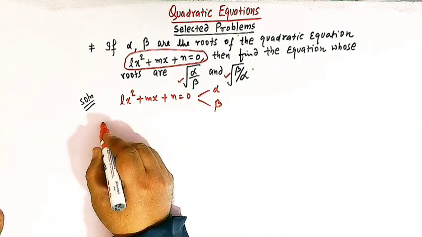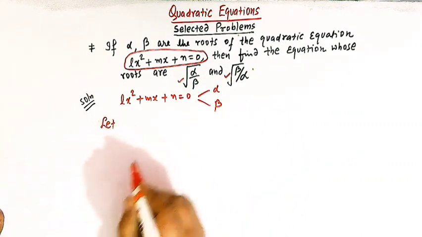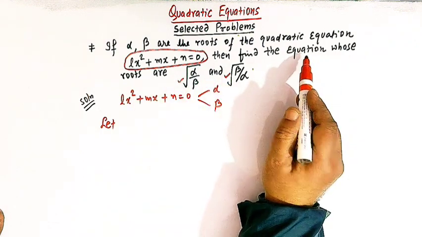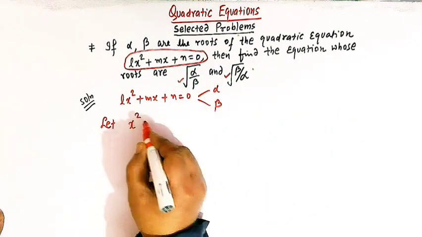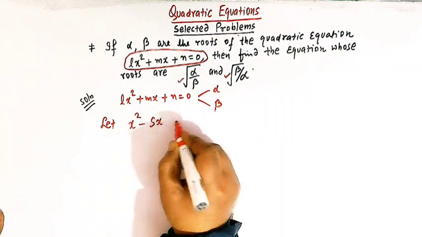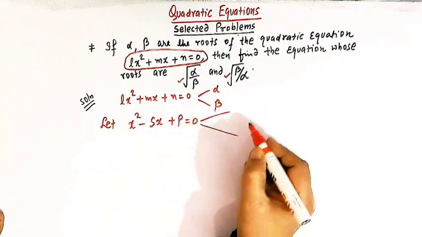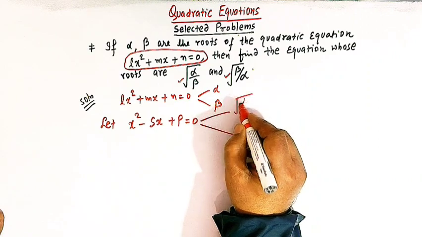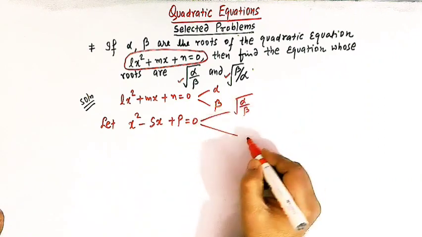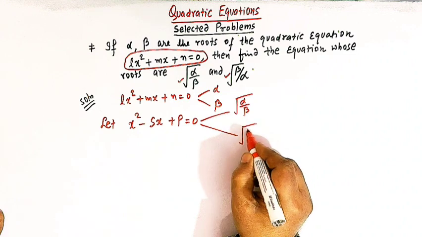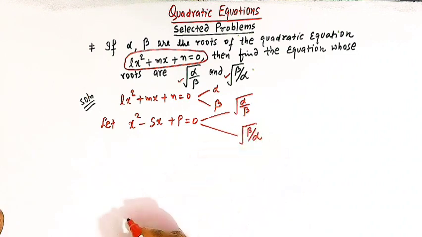So let us suppose that the quadratic equation is x square minus sx plus p is equal to 0, and its roots are given by square root of alpha over beta and square root of beta over alpha, right?